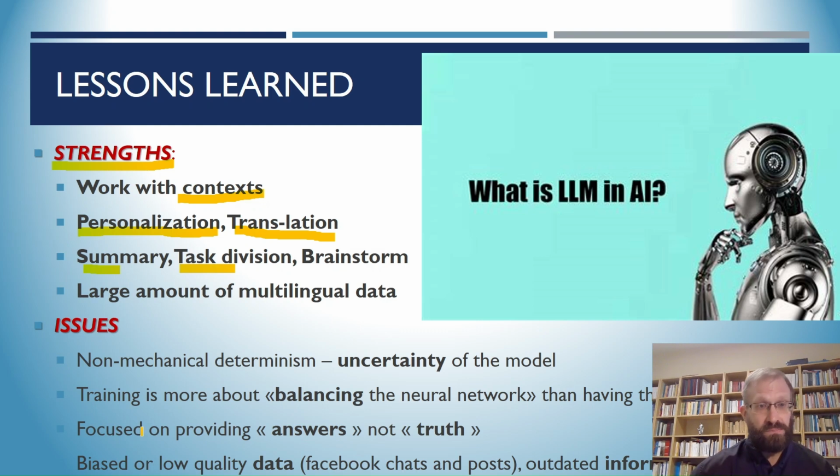So the training of a model, I have done some fine-tuning and some creation of components that balance the LLMs. It's more about balancing the neural network. It's not about giving a precise instruction on what to say in a specific situation. It's not about the right solution.